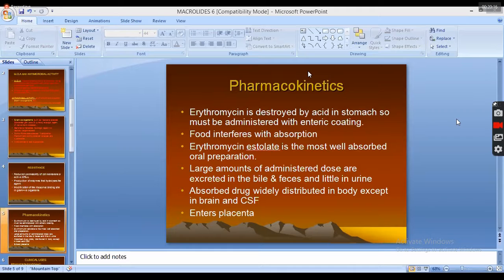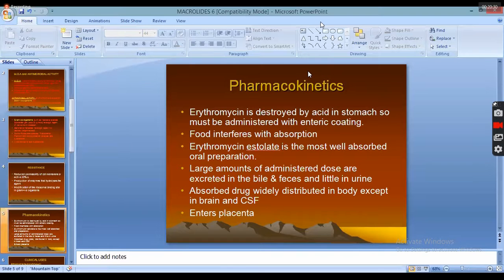So such agents are effective in the intestine. Erythromycin is destroyed by acid in the stomach, so it must be administered with enteric coating. Enteric means for the intestine, so that coating only comes off when it reaches the intestine.